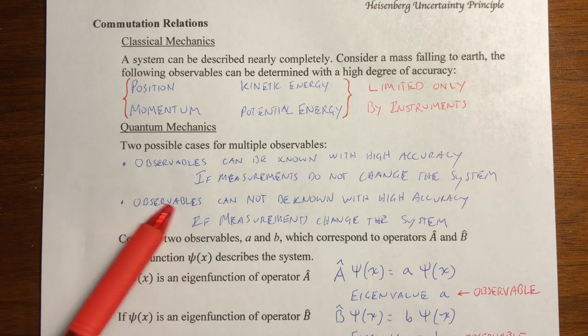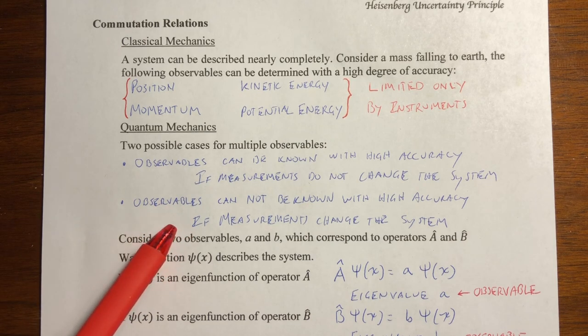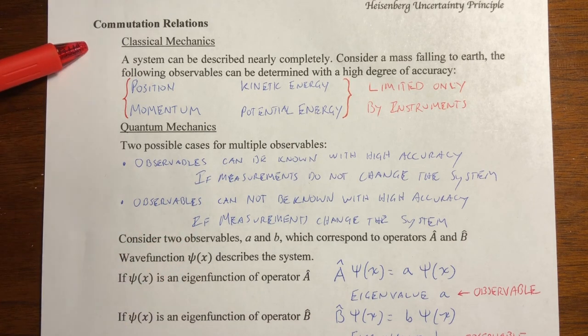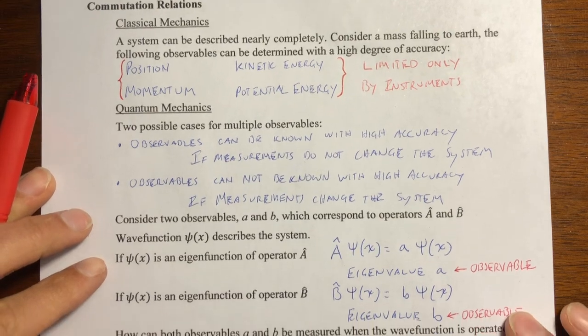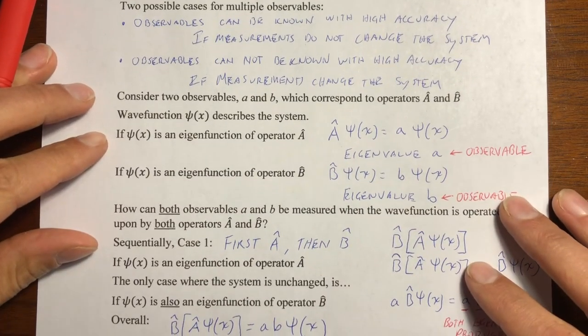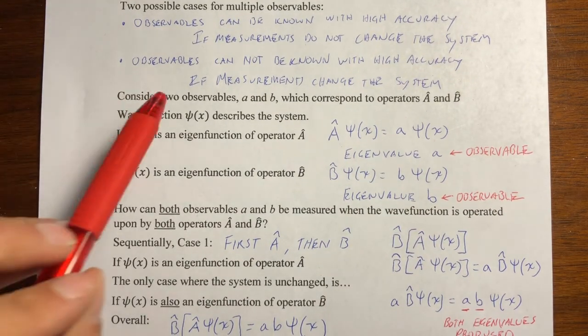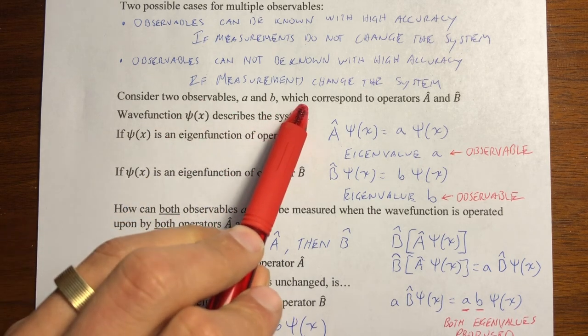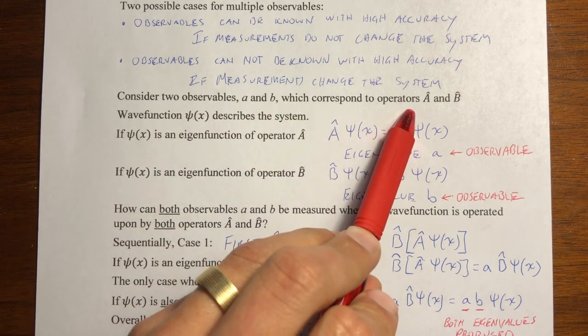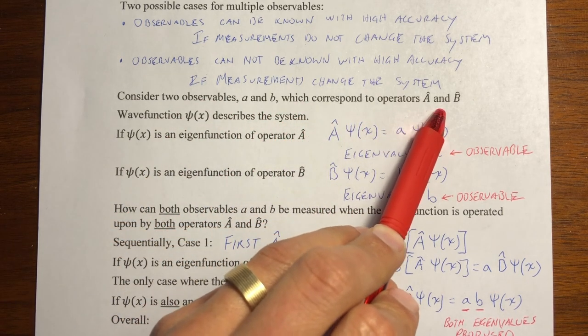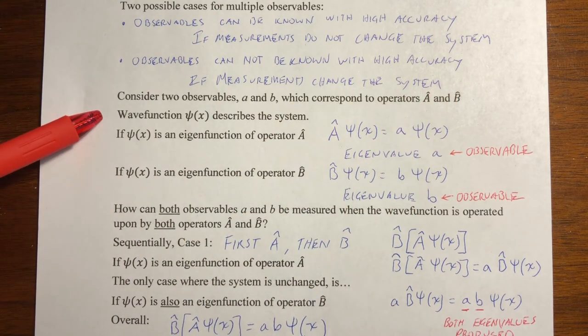So how can you figure out whether or not the measurements change the system? We can do that using commutation relations with operators and wave functions. So to get there, let's first consider two observables, A and B, which correspond to operators A and B. Wave function psi of x describes the system.